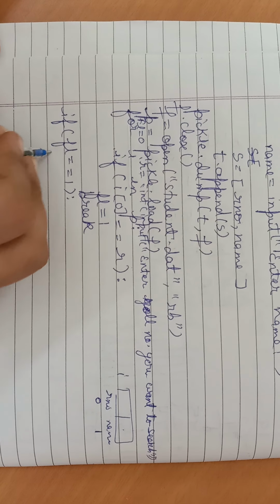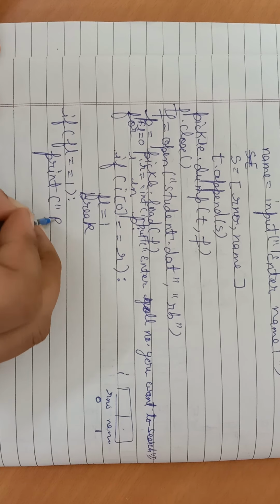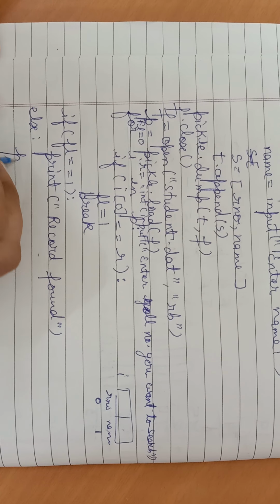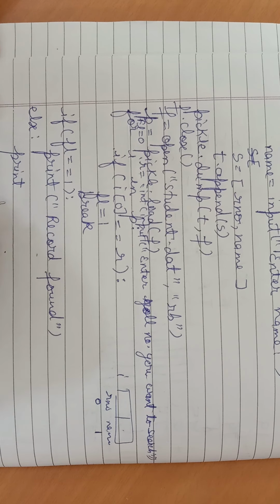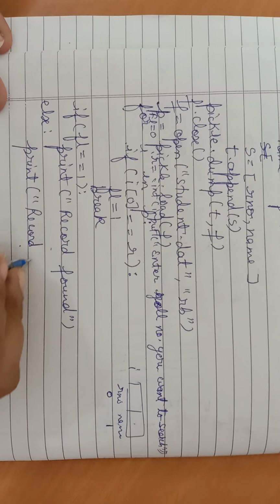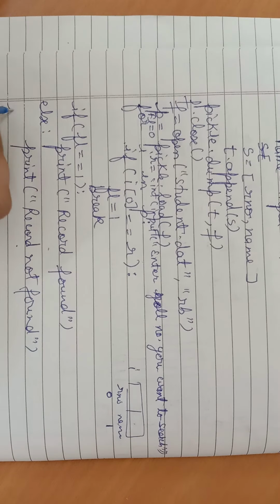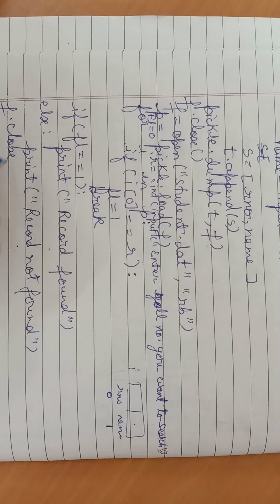If flag double equal to 1, then we have to print record found, else record not found. In the last we have to do f.close(), we have to close the file.